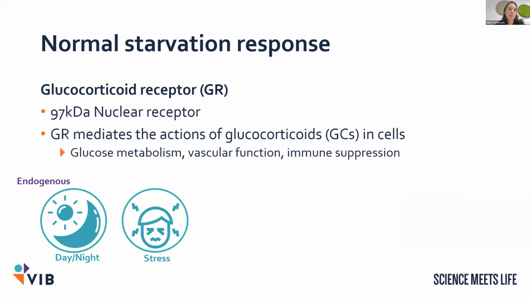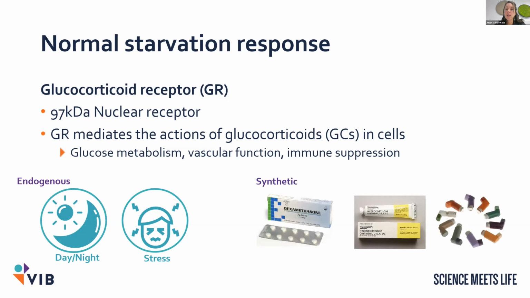Glucocorticoids can be produced by your own body, so endogenous glucocorticoid production follows day and night rhythms, in a circadian way, but it can also be produced upon stress. There are also many synthetic glucocorticoids, like dexamethasone or inhalers, which are used to suppress inflammation. So glucocorticoids are used widely for many inflammatory diseases.